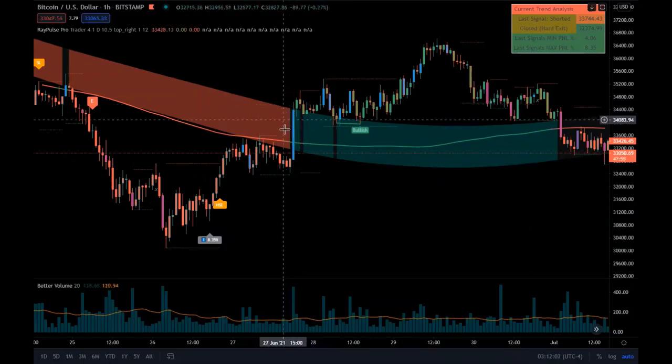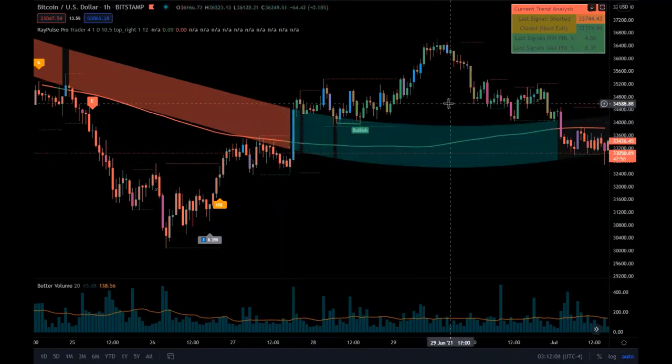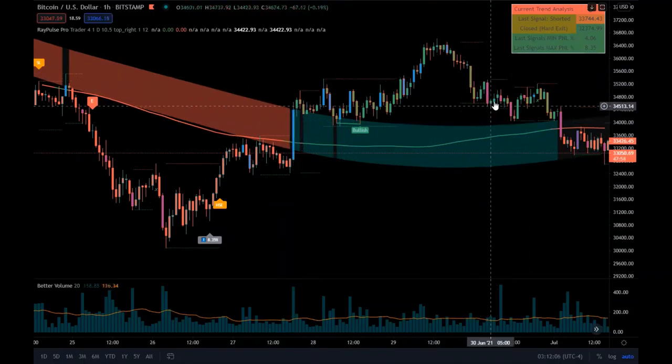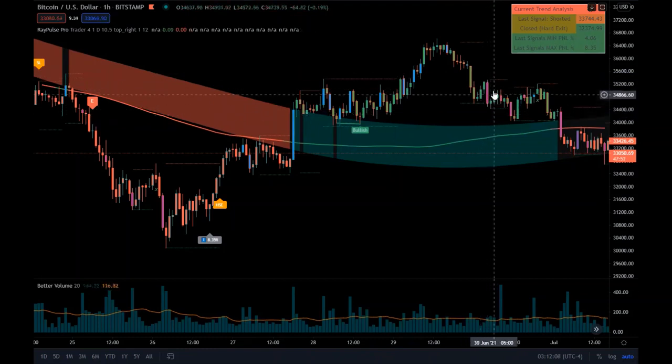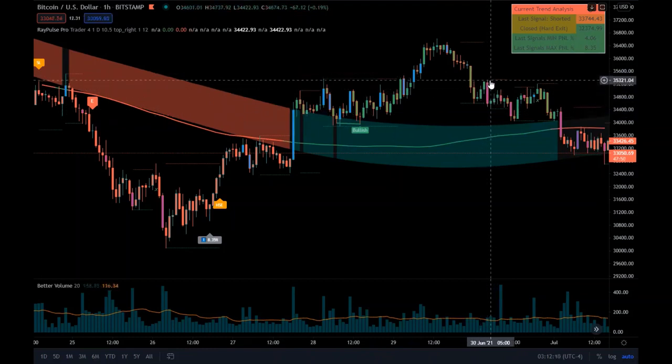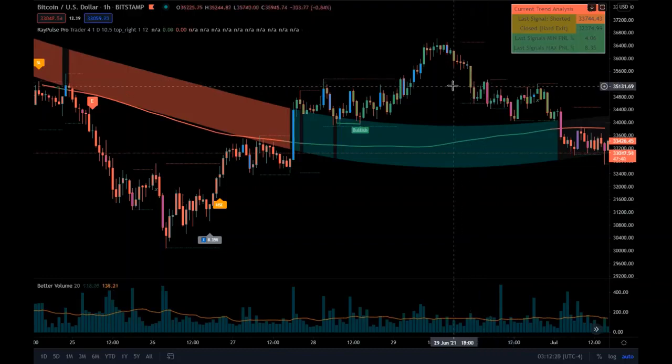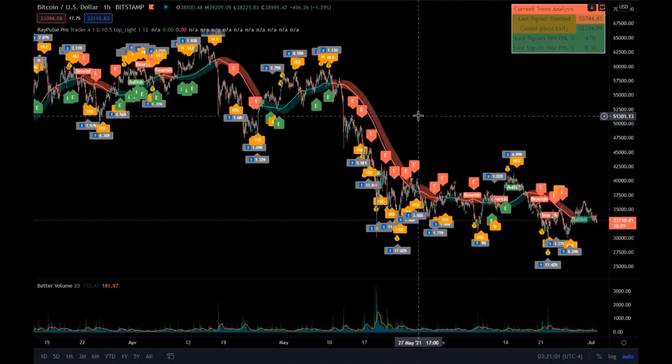You can see that here with this large blue candle, or over here with this large purple candle to the downside. This can be pretty handy in determining if a breakout will be sustained or if a trend will continue, or any of the multiple ways that volume is used to trade, which I could do a completely separate video on. Okay, so that's all of the additional features to the Pro version over the basic version.